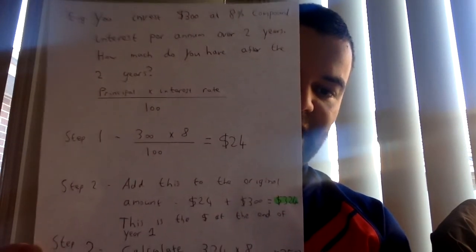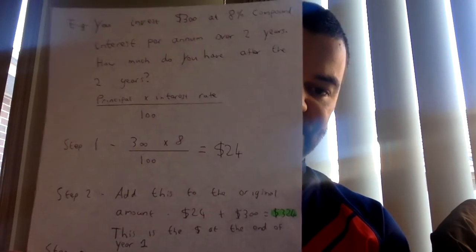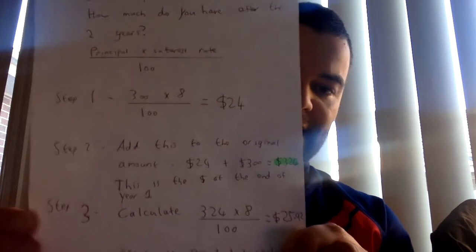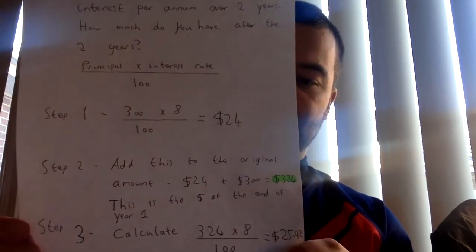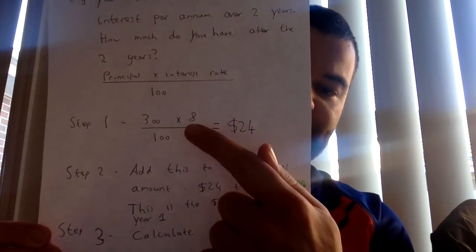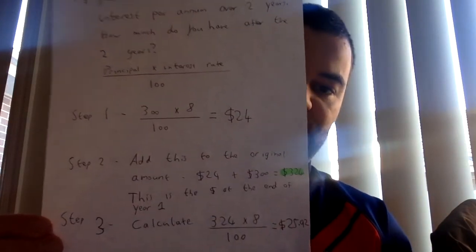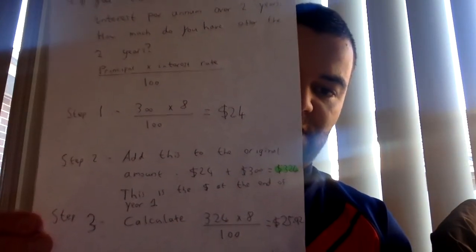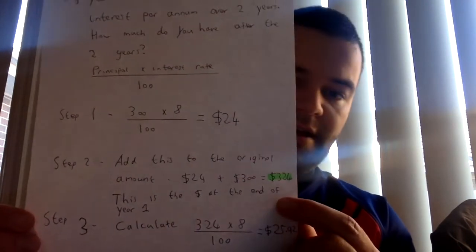So that's how much I have at the end of year one, $324. Okay? Then we calculate 324 times 8 divided by 100. So what we're doing here is it's basically the same formula as this, but instead of 300, we're putting in 324 because that's what we had at the end of year one.